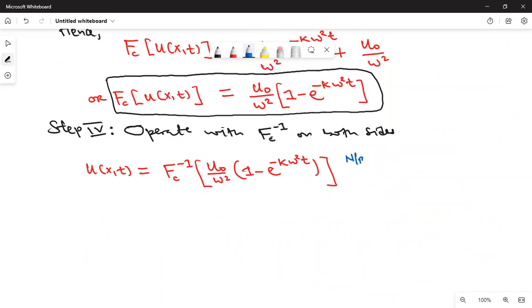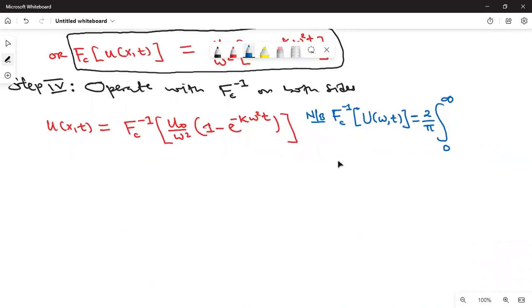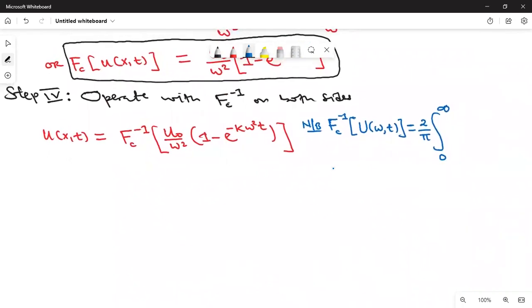So let's take note here that the inverse Fourier cosine transform of any function of omega, call it u of omega,t, is defined as 2 over pi times the integral from 0 to infinity of that function that you're finding the inverse of, that is u of omega,t, then cosine omega x d omega.